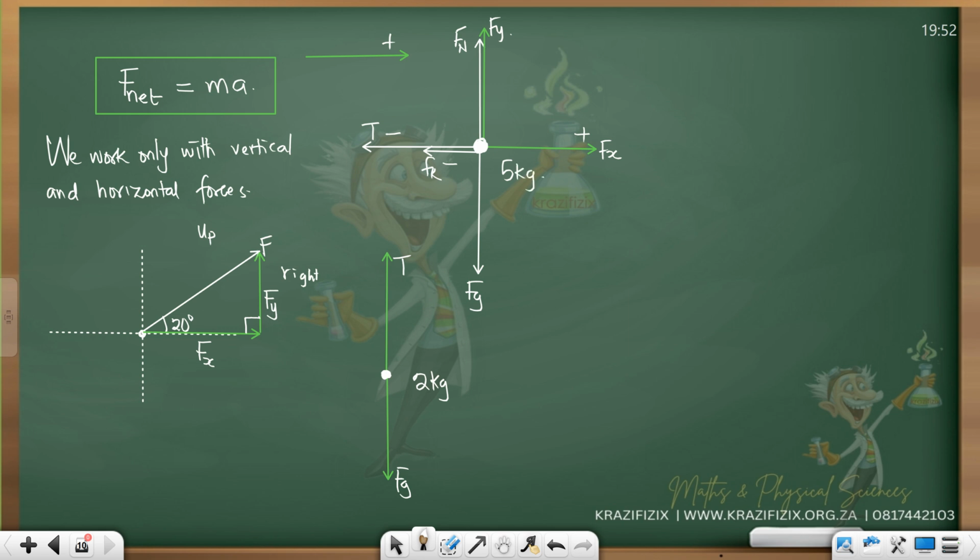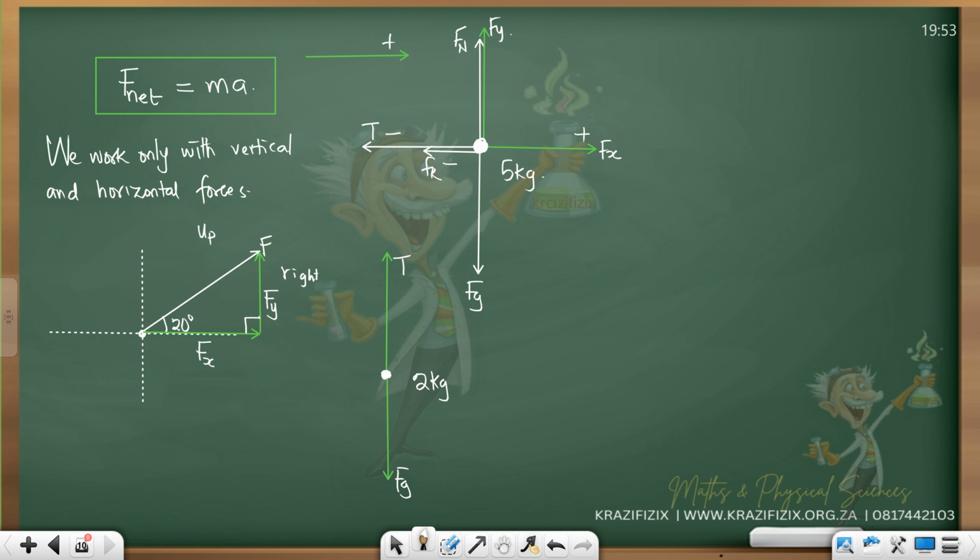I want to ask you a very simple question. I want you to think. The tension on the 2 kg, do you think it will be positive or negative? Negative. Negative. All right. Given, what do you think?